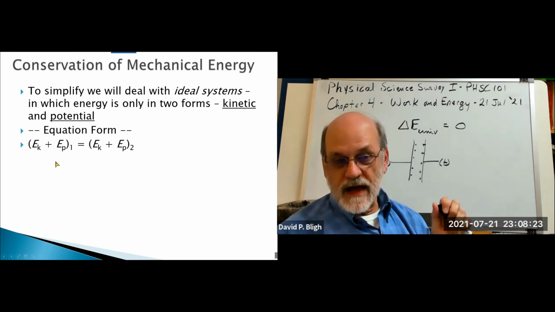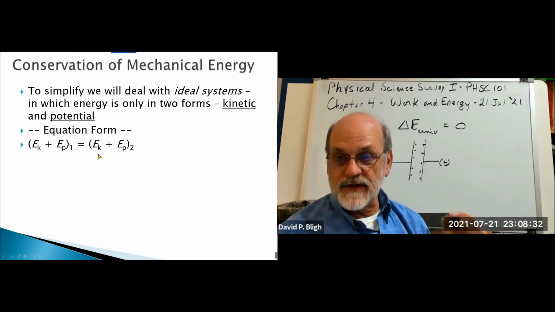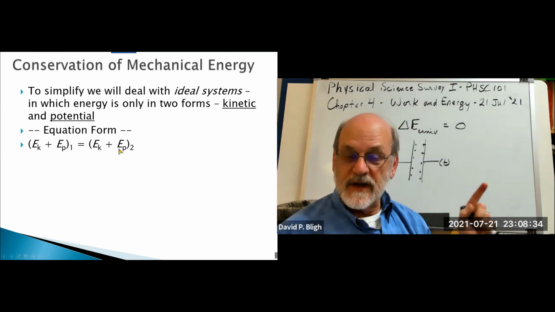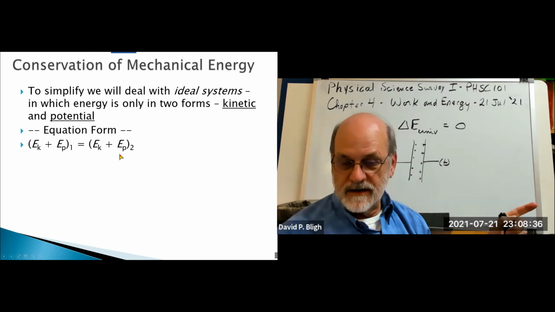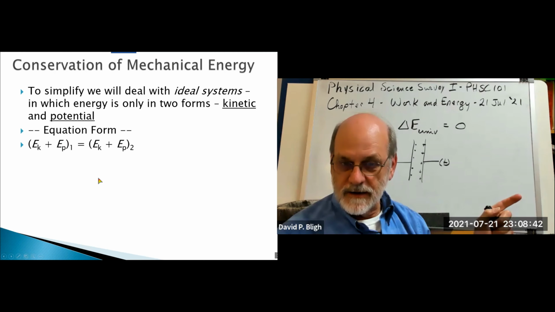Right? So we have its kinetic energy at the start plus its potential energy is equal to its kinetic energy at the end plus its potential energy at the end. Right? So its final conditions, the total energy here is equal to the total energy there.